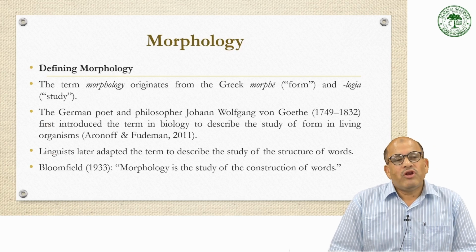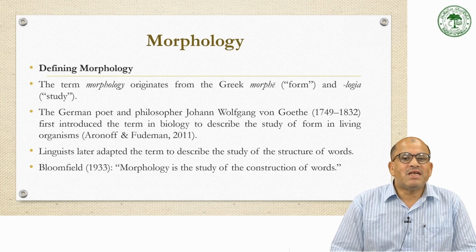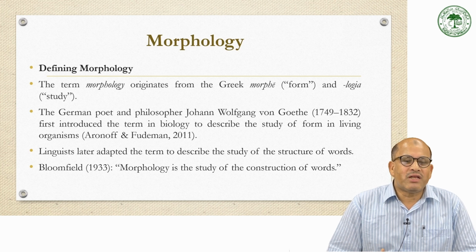Coming to morphology and its definition, morphology originates from the Greek morphe, which means form, and logia, that is, study. So a study of form; in the literal sense, a study of word forms, of how words are combined together, is the study we take up under morphology.